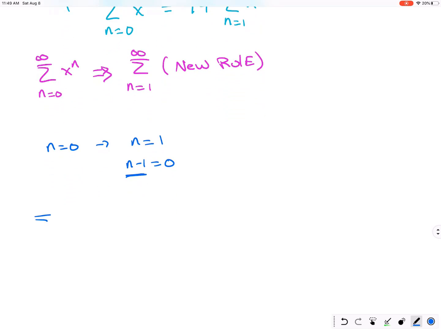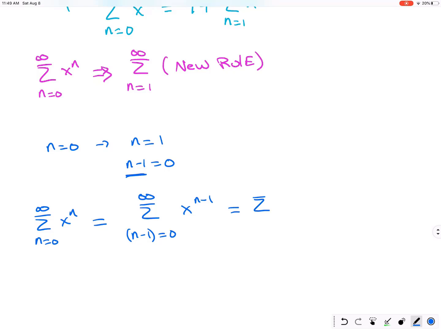So let's try the summation of n equals 0 to infinity of x to the n is equal to n minus 1 equals 0, summation to infinity, and then I have x raised to the n minus 1. So that's what I did. Wherever I saw n, I substituted in n minus 1.